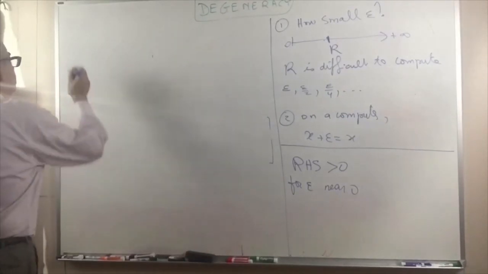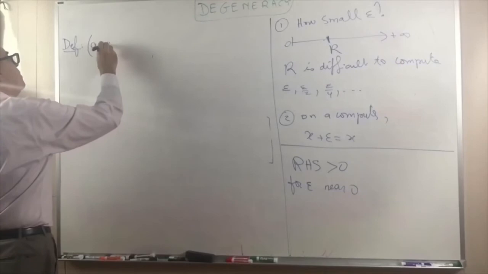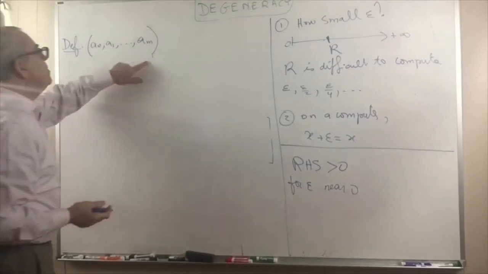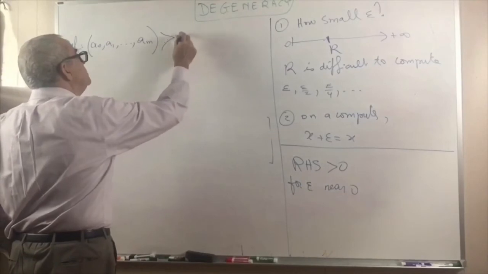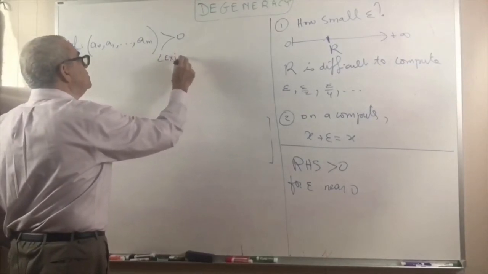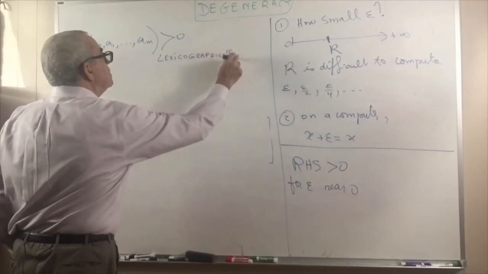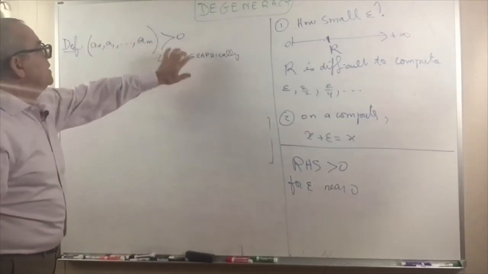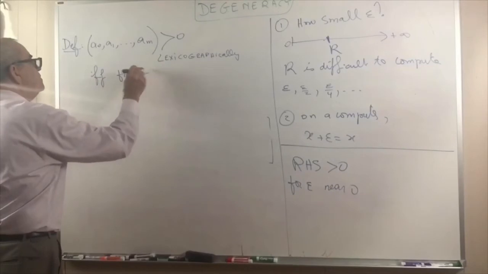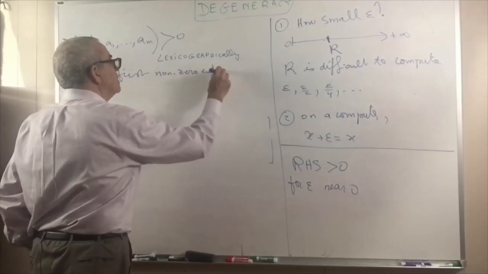So let's do a definition. I have a vector a0, a1, etc., am, and I'm going to introduce a new term: I'm going to say that this vector is lexicographically greater than 0 if and only if the first non-zero entry is positive.